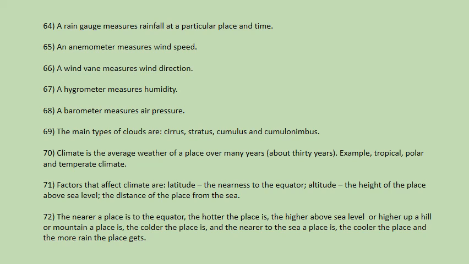The nearer a place is to the equator, the hotter the place is. The higher above sea level or higher up a hill or mountain a place is, the colder the place is. And the nearer to the sea a place is, the cooler the place, and the more rain the place gets.